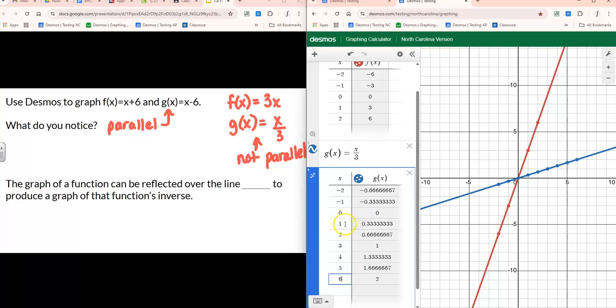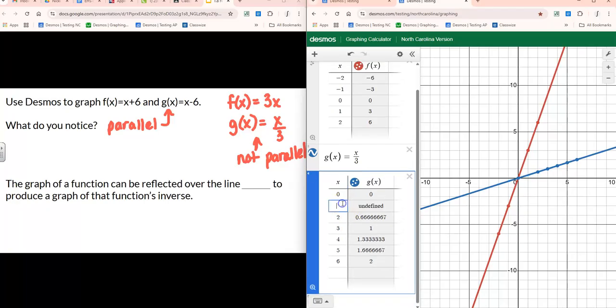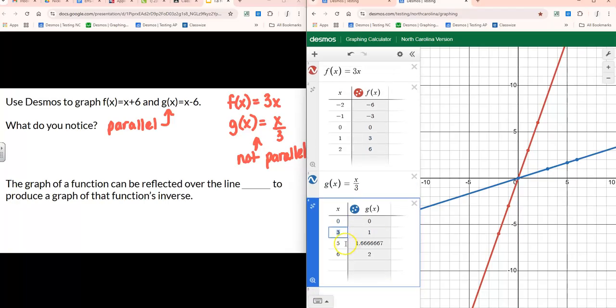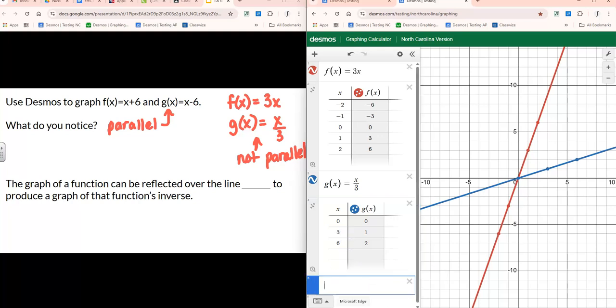In fact, I'm going to take out these, because they're giving me decimals and clouding my judgment. Let's just look at those. Anything you notice?